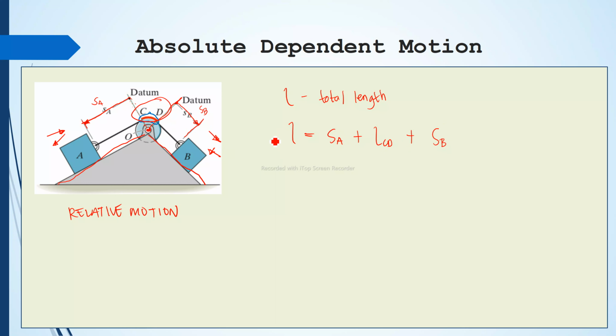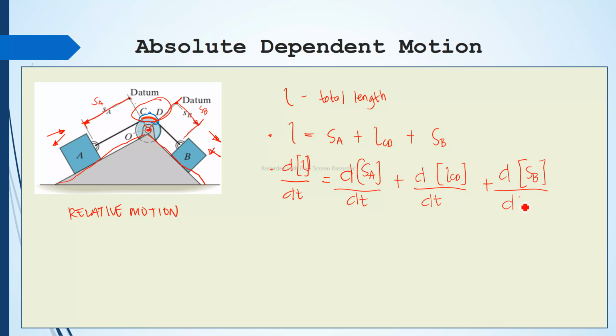What we're going to do next is differentiate this whole equation with respect to time. So we have the derivative of the length L with respect to time equal to the derivative of SA with respect to time plus the derivative of the length CD with respect to time plus the derivative of SB with respect to time.